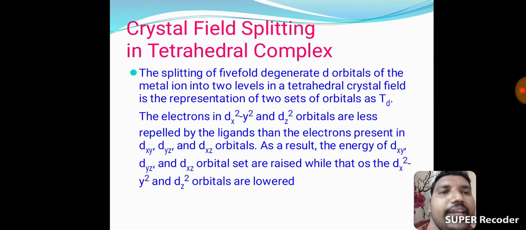Crystal field splitting in tetrahedral complex. Tetrahedral complex is the opposite phenomenon to octahedral complex. In this tetrahedral complex, T2G orbitals are excited, EG orbitals are lower energy. T2G orbitals have higher energy, EG orbitals have lower energy in tetrahedral complex.